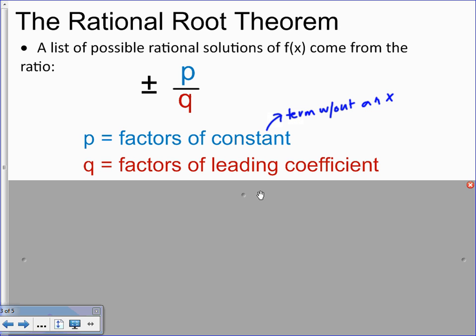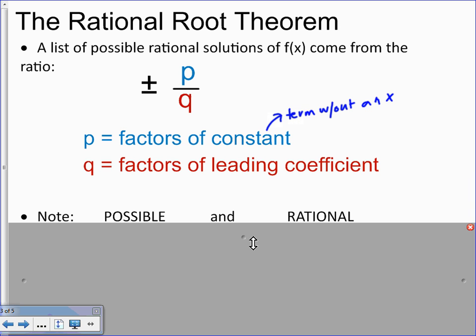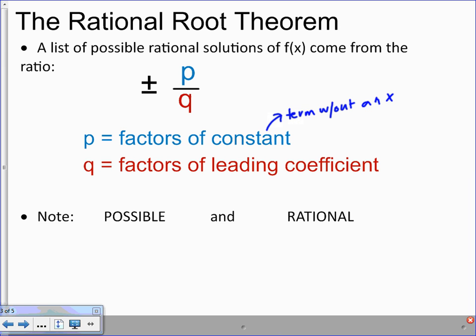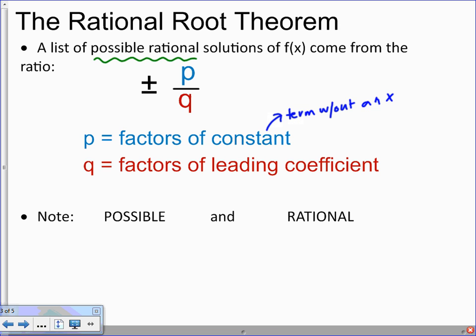Okay, now before I go on to the next slide and we do some examples, I want to look at the words possible and rational. Because that's important to this rational root theorem, it says you're creating a list of possible rational solutions.